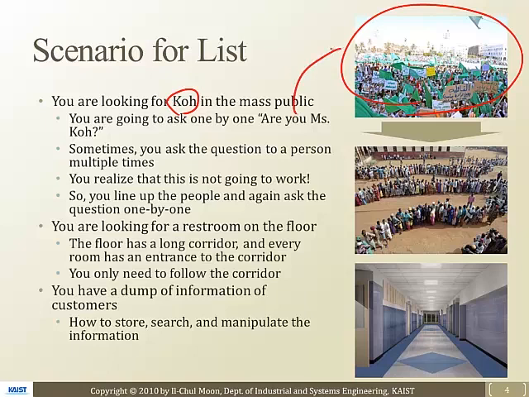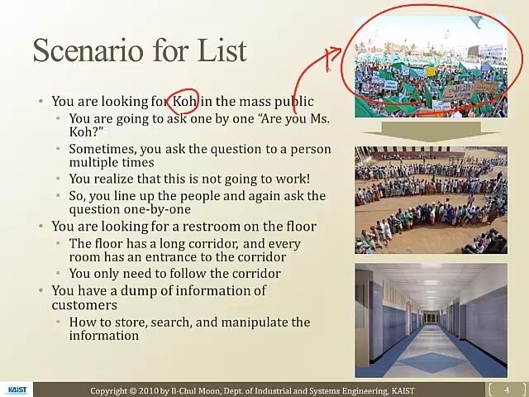In this scenario, will it work? Maybe, maybe not. But there is pretty much a chance that you are going to see a person that you already asked the question. That means you are just rambling around without any directionality, which means you need some order, right?